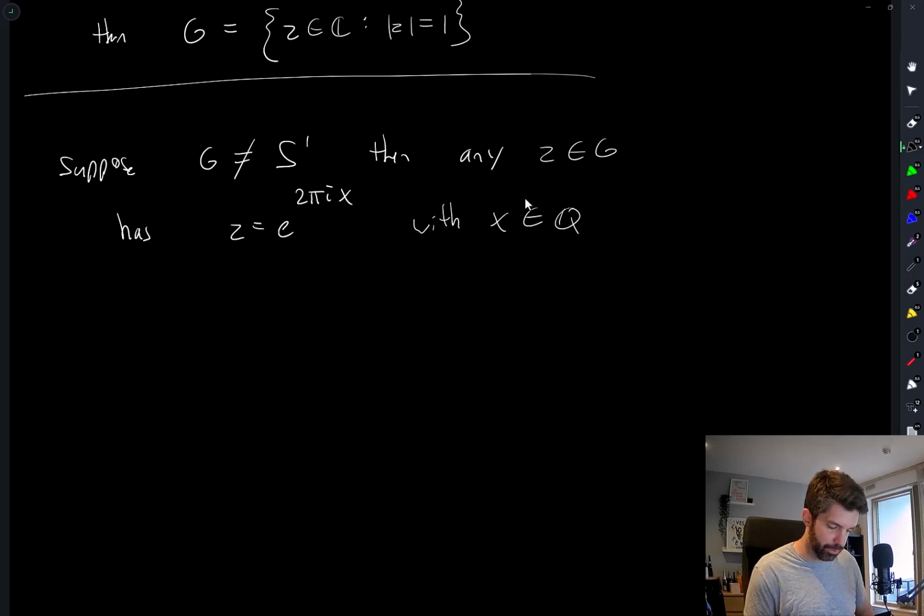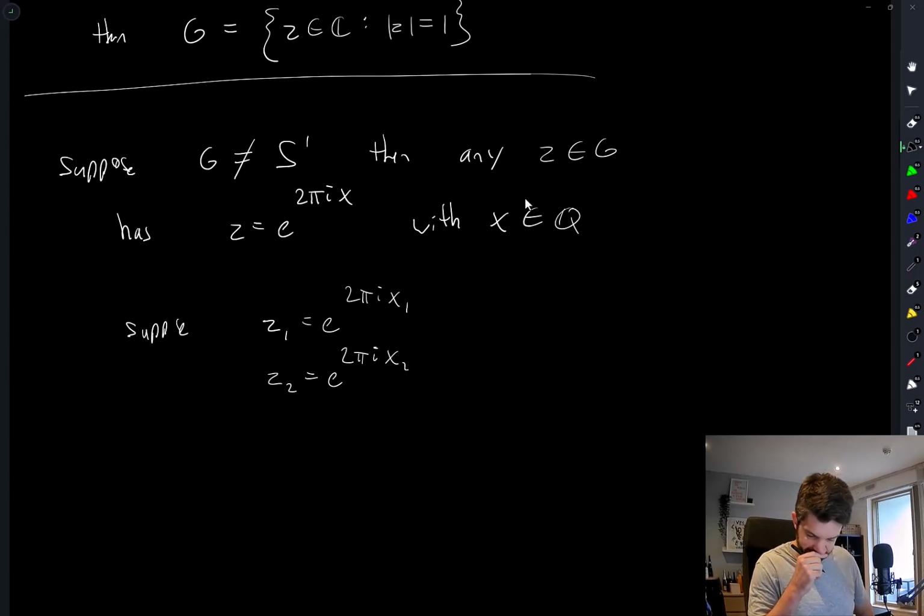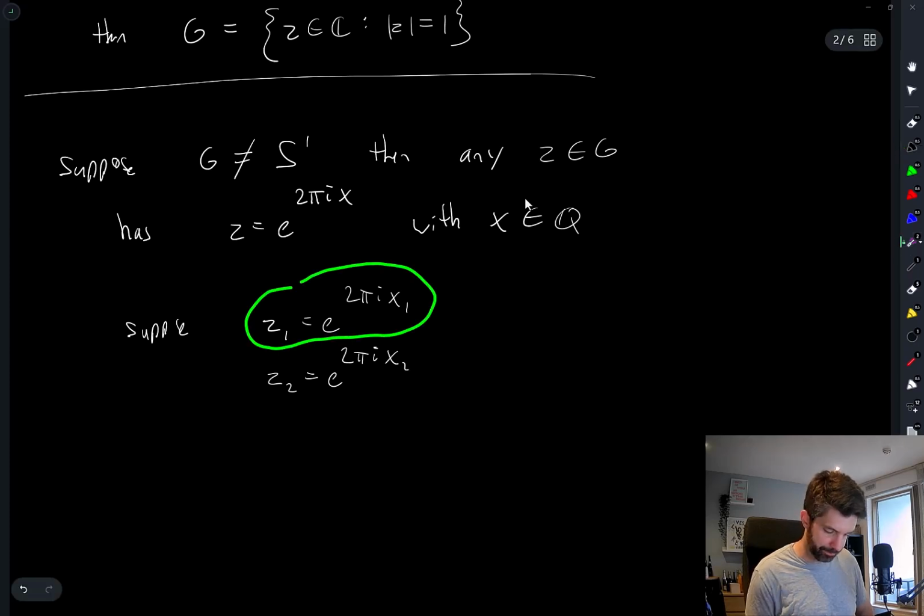And if I have two complex numbers, Z1, Z2, that are in the group, so Z1 is equal to e to the 2 pi i x1, and Z2 is equal to e to the 2 pi i x2. So this generates one cyclic group.